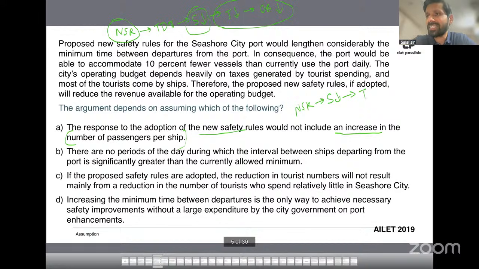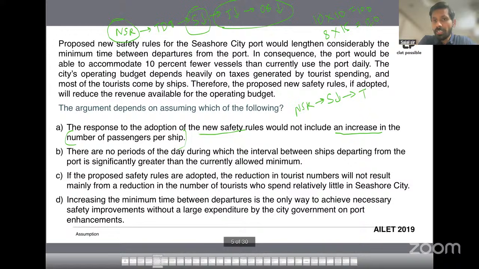So initially, let's say there were 10 ships coming to the port and it had 10 tourists each, so 100. Now it has come down to, let's say, 8, and the number of tourists per ship now has increased to 15, right? So what happens? There's actually an increase in the number of tourists, right? Then the argument falls apart.